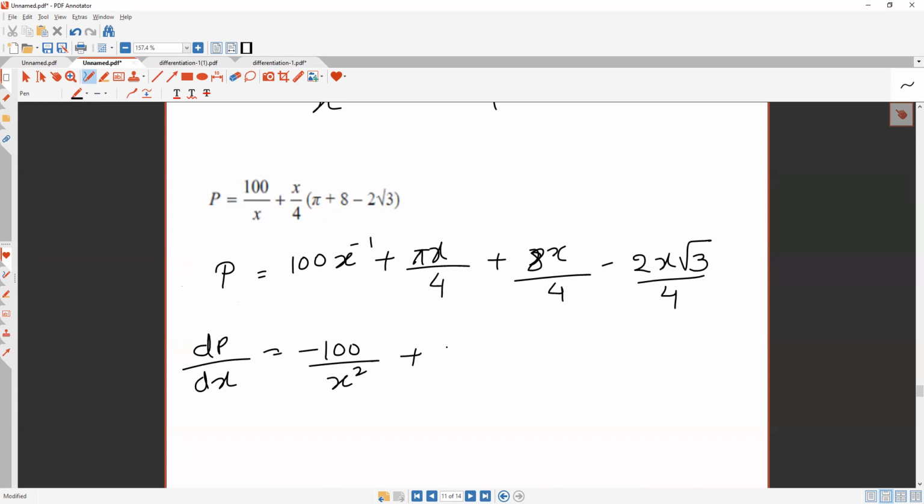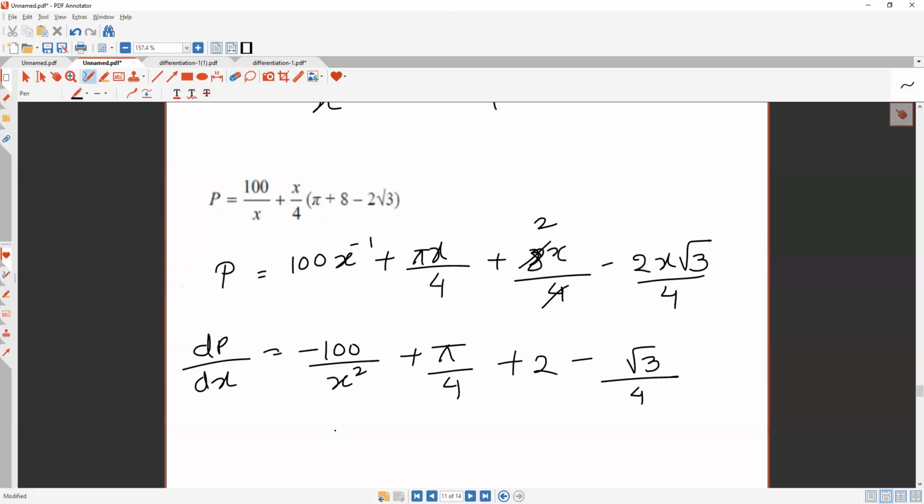Then it's going to be pi by 4 here. Here, 4 ones are 4, 4 twos are 8, so 2x gives 2. And here it's going to be minus 2 root 3 by 4, that is 1 by 4, root 3 by 4.